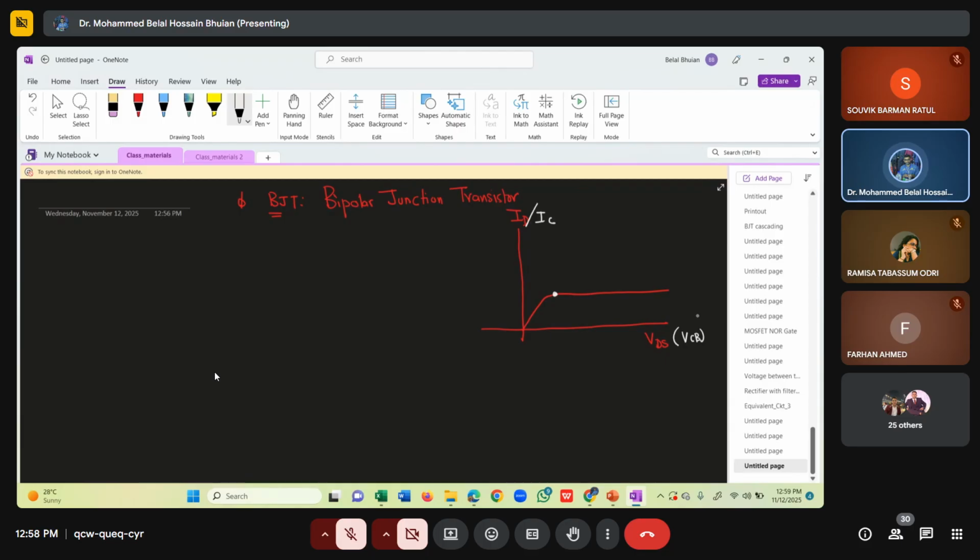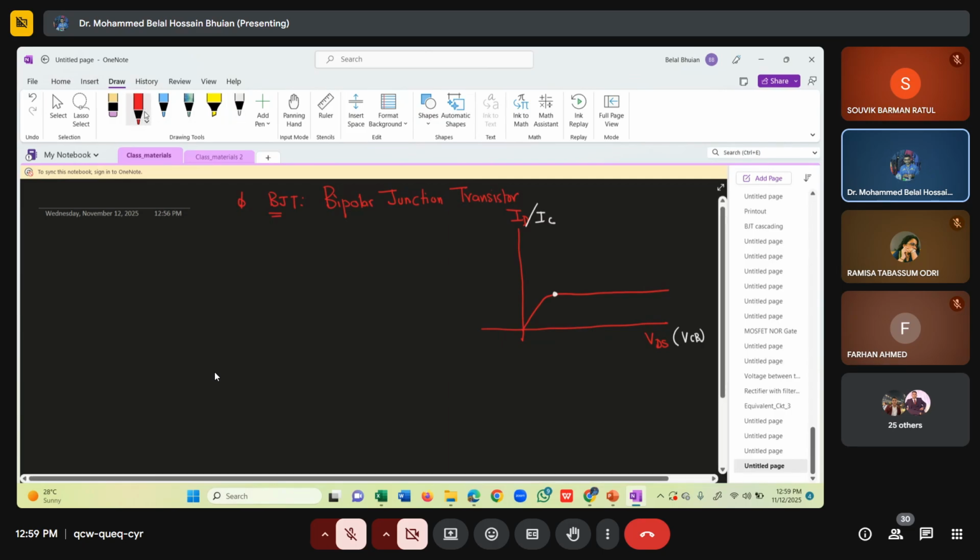Because of these characteristics, we can use the transistor for different purposes. We're going to use the device based on their characteristics. I can use it for amplification, and I can use it for switching. Take that.